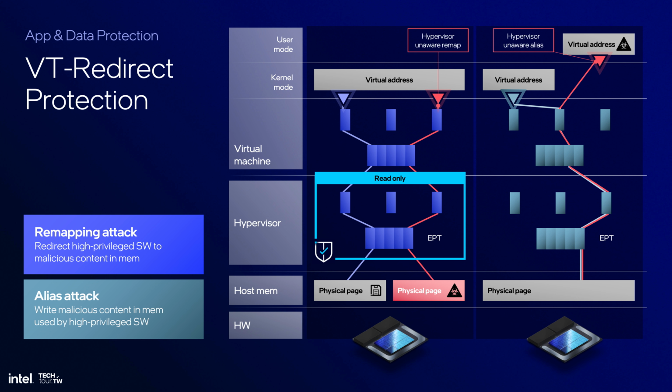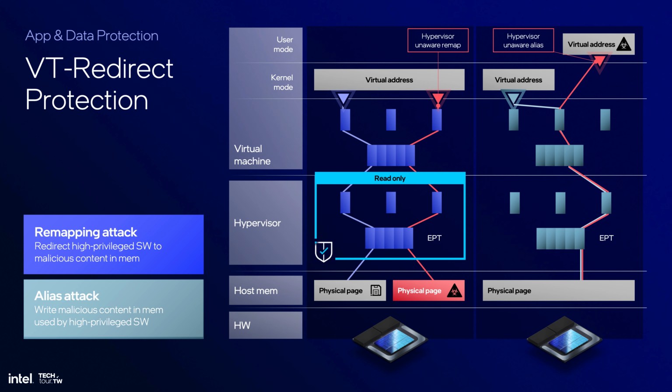And how that happens is precisely like how I explained. The guest translation is mucked with, and the hypervisor does not realize that the guest translation was modified, and it ends up directing it to a different physical page than it should have. The second type of attack is the alias attack, where there is a user mode program that pretends to be a kernel, and its accesses are redirected through the kernel page translations to a page that only the kernel should have access to, right?